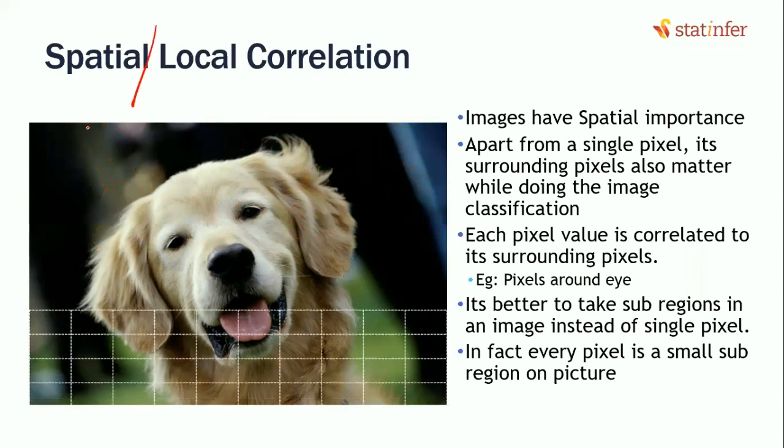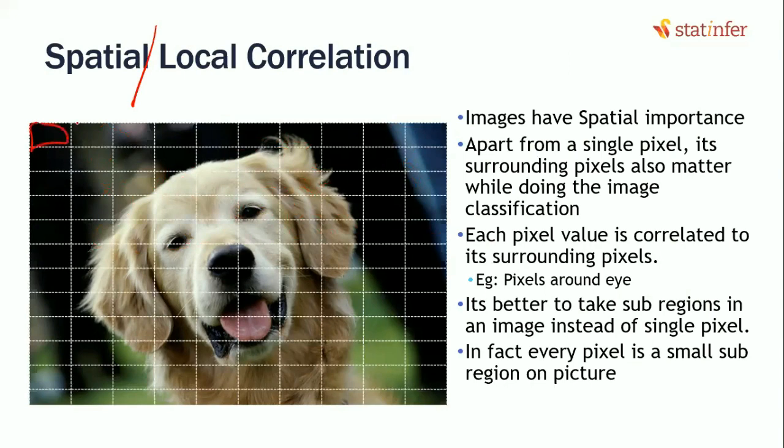Instead of taking pixel level, we will take these subregions, and then take the information from the subregions and carry it forward while building the model. How CNN takes the information from the subregions, how it carries this information forward, how it reduces the number of parameters, how it gives better accuracy, is the story that we are going to discuss as part of the overall CNN discussion.